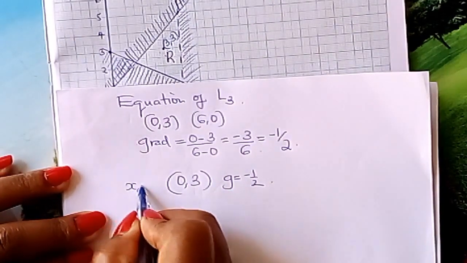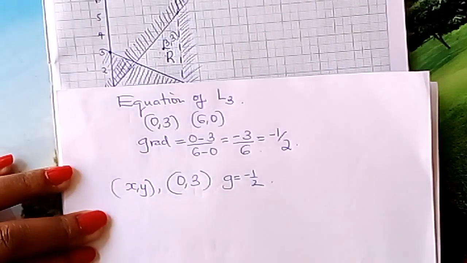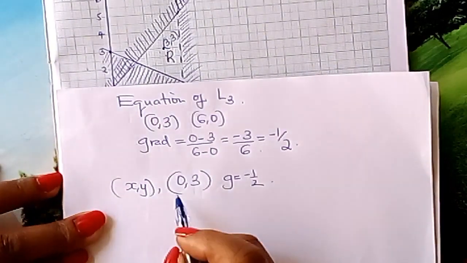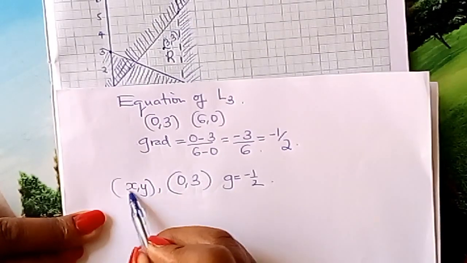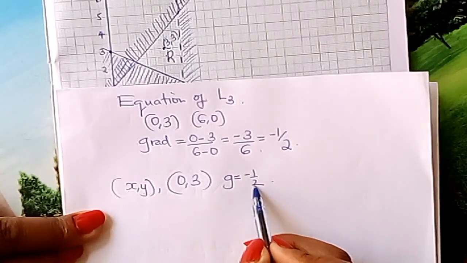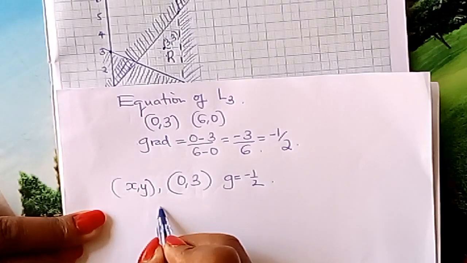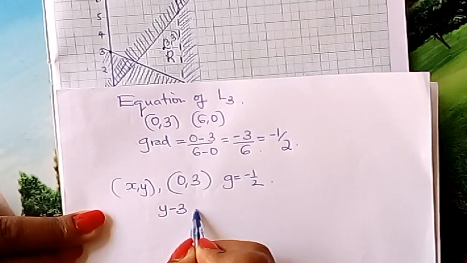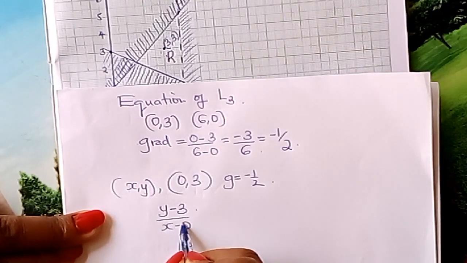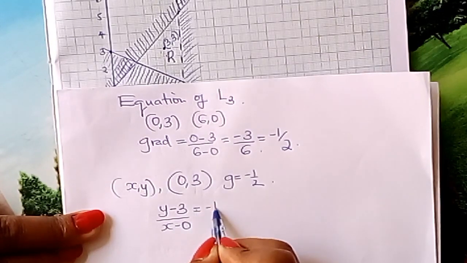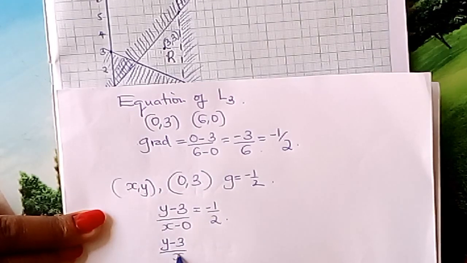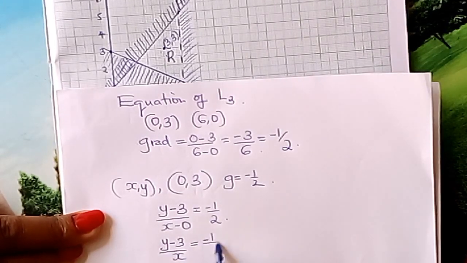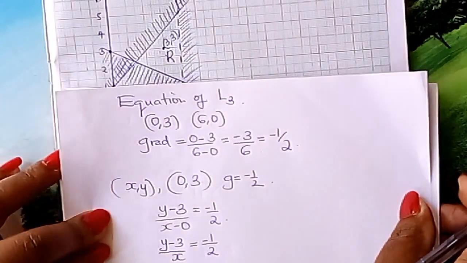Then you introduce point x, y, just like we did in the very first one. So, again now you say change in y over change in x should give you negative 1 over 2. So you talk of y minus 3, Lana, over x minus 0 is equal to negative 1 over 2. This one I can write as y minus 3 over x is equal to negative 1 over 2.